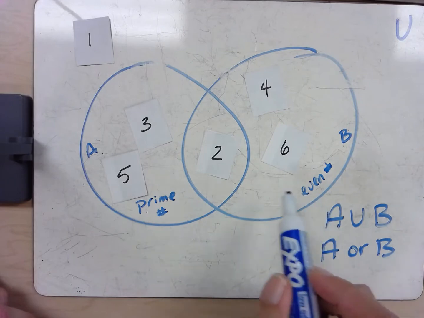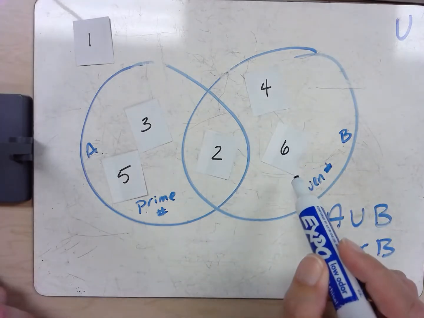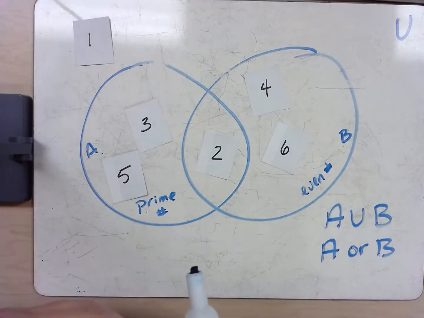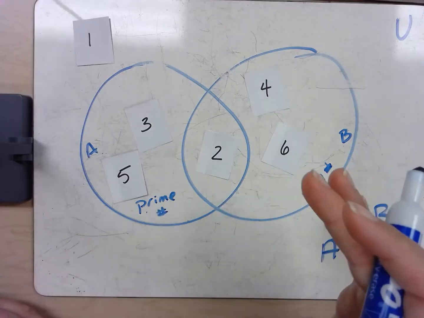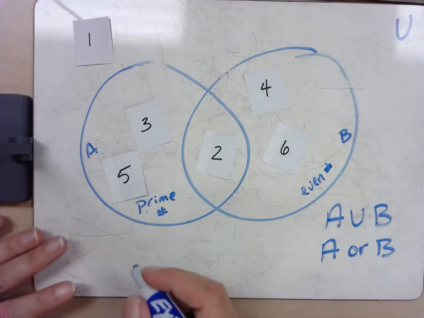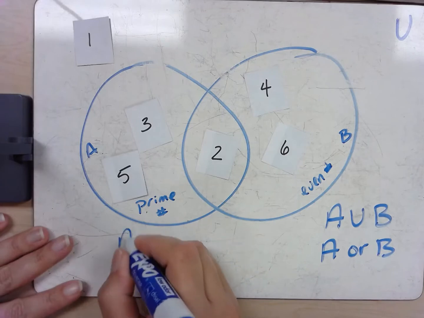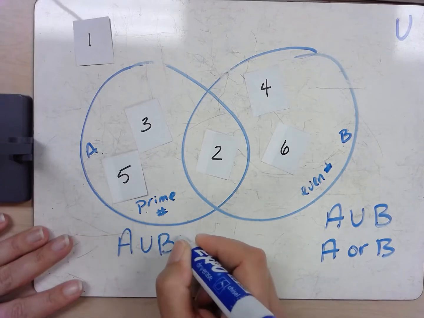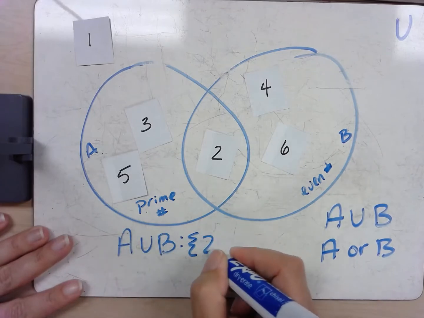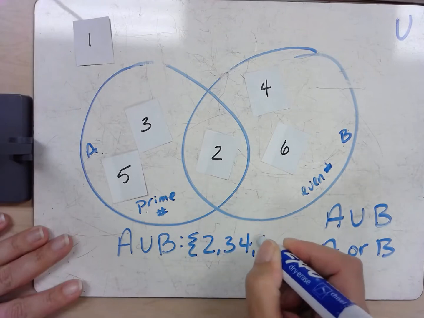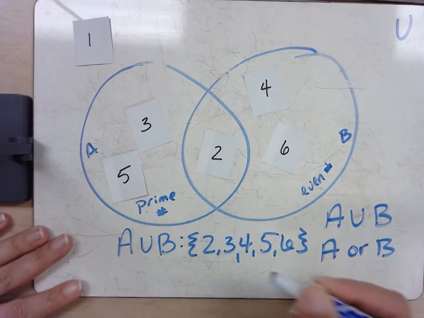And in event B, we have a 2, a 4, and a 6. So when we put those two things together, we just want to look at all those numbers as one big subset. So we would say that A or B as a set would be 2, 3, 4, 5, and 6.